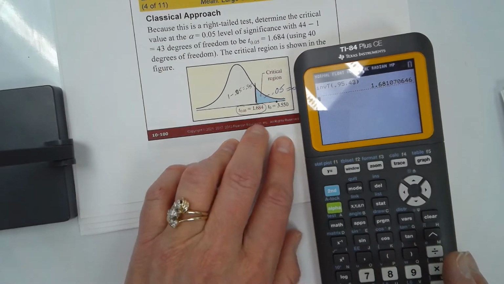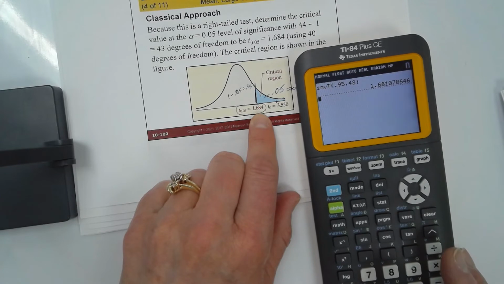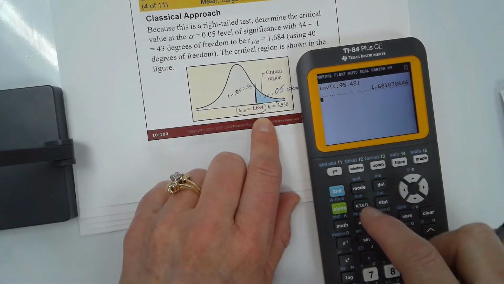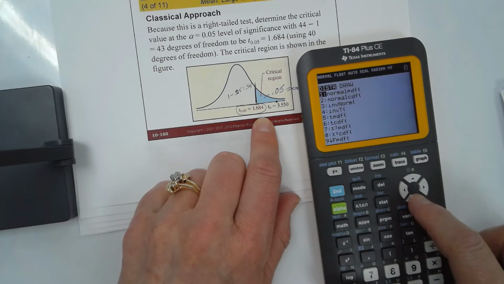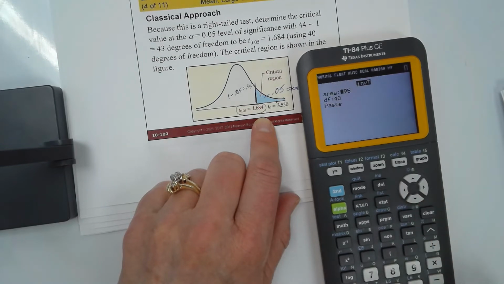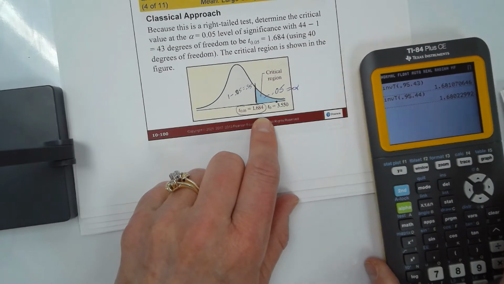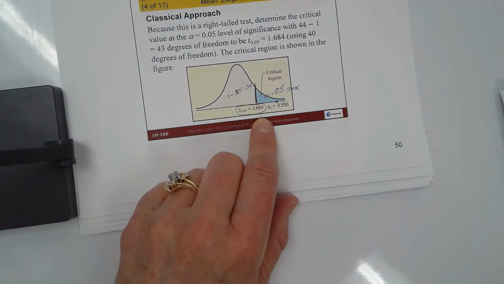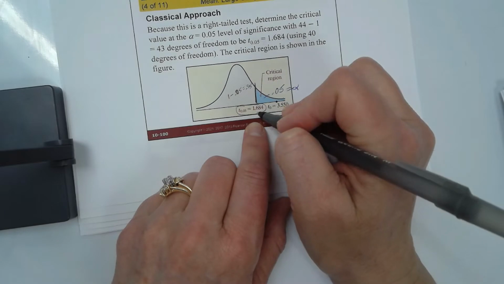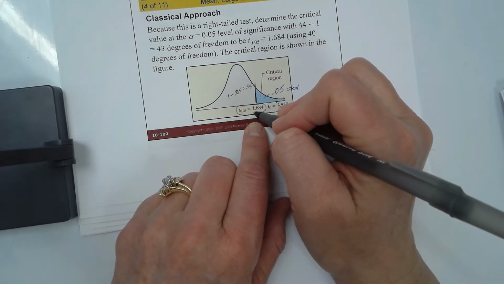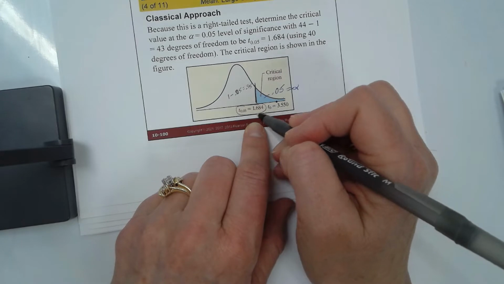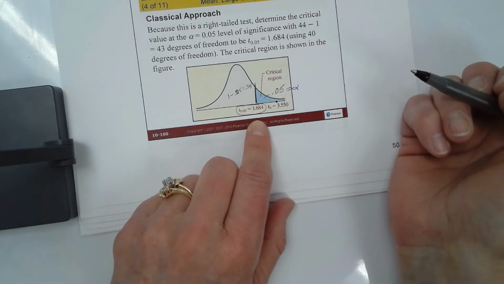So if you do it from the inverse T, it'd give you 1.681, but the 1.68 is the same as the table if you round it.